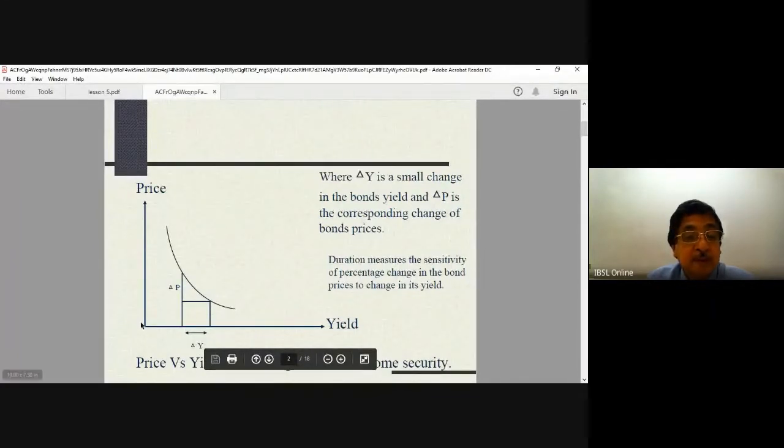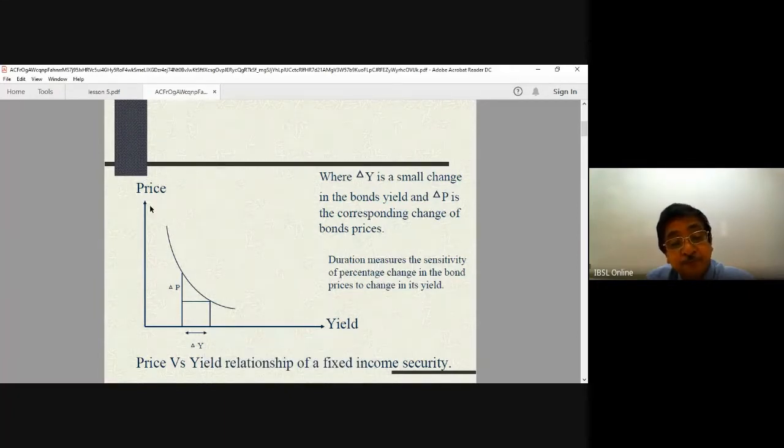You can see the x-axis as yield, y-axis as price. So this is price versus yield. Normally, the variable in the x-axis we consider as the independent variable. The y-axis is taken as the dependent variable.